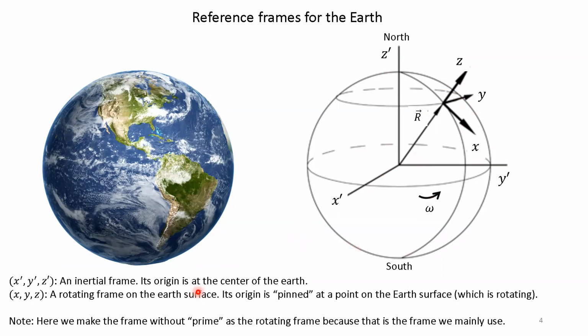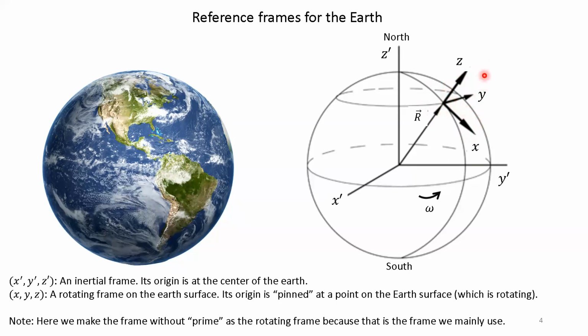Here we do the reverse because in the upcoming examples we will mostly be using the rotating frame. Since that's the frame we use the majority of the time, for convenience we say that the unprimed frame is the one we use mostly. That's why we reverse the convention. So just take notes here.